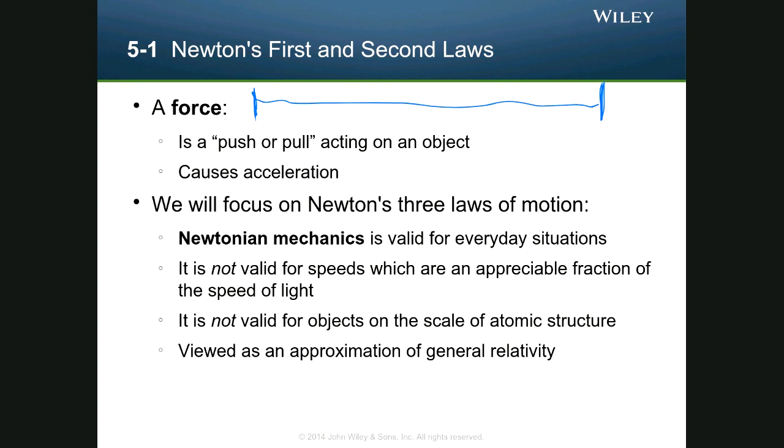Okay, so when we get here, we have Newton's laws. They were thought to explain everything, but Newton's laws explain about this much of the universe.